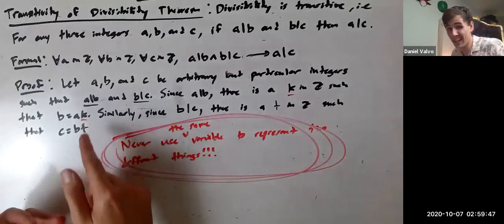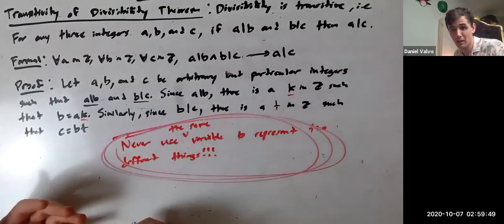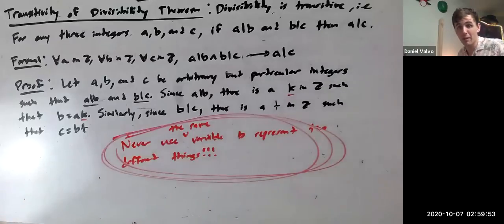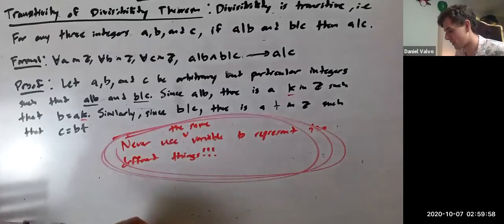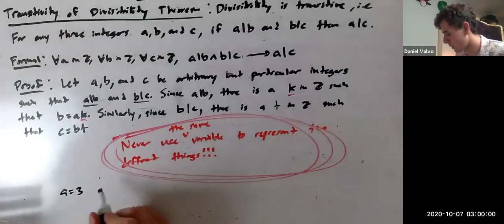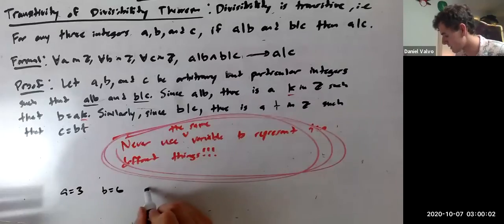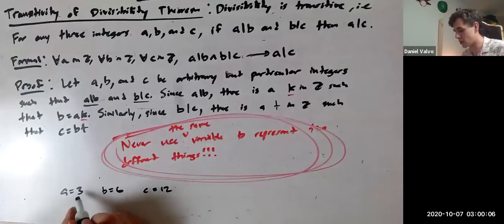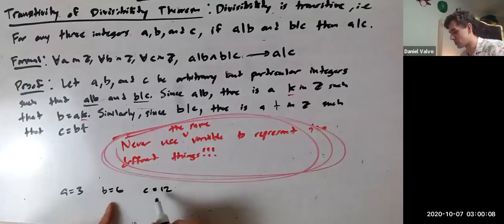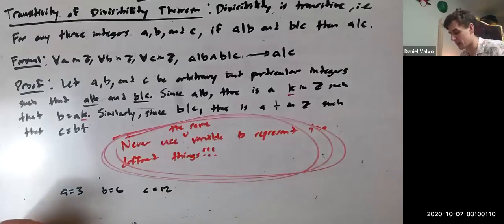Now, could k and t be the same depending on your a, b, and c? Yeah. Absolutely. It could be the same. For example, if a equaled 3, b equaled 6, and c equaled 12, your k here would be 2 to go from 3 to 6. Your t would be 2 to go from 6 to 12 as a multiplier.